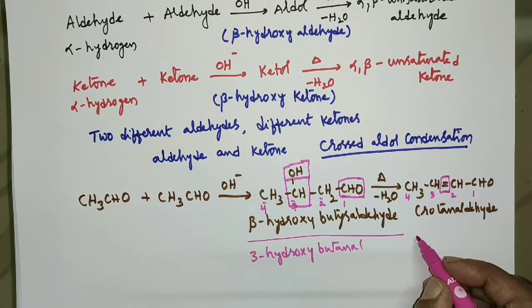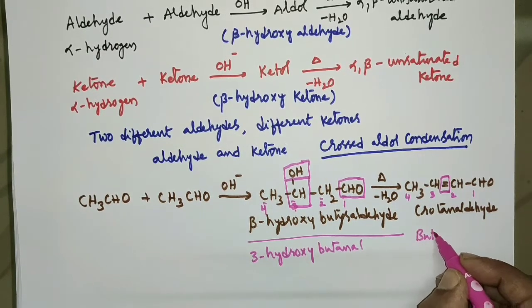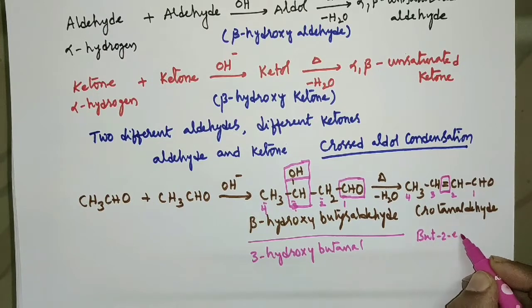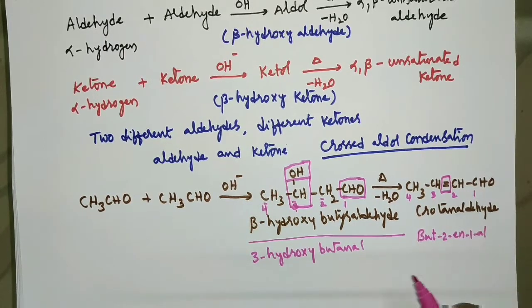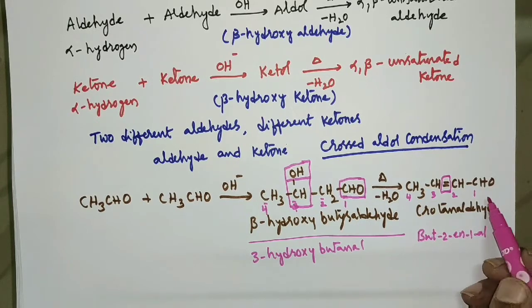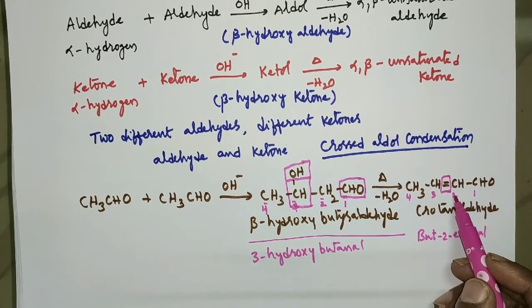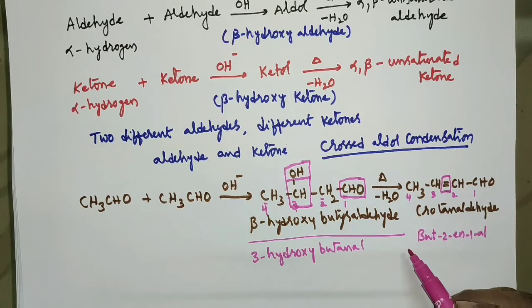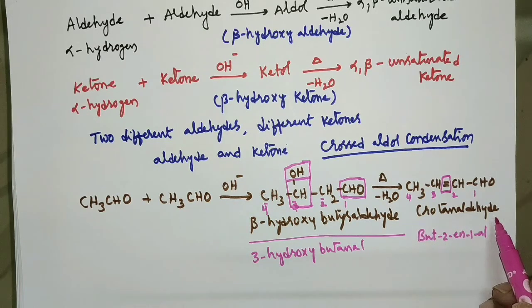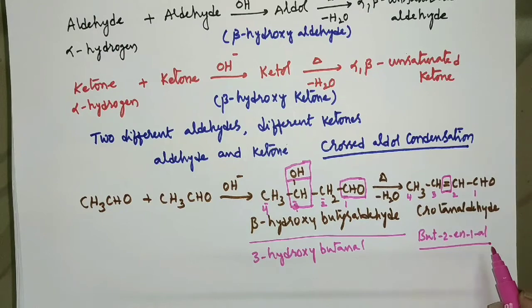So its IUPAC name is but-2-en-1-al. 'al' represents aldehyde group and 'ene' represents double bond. Crotonaldehyde has IUPAC name of but-2-en-1-al.